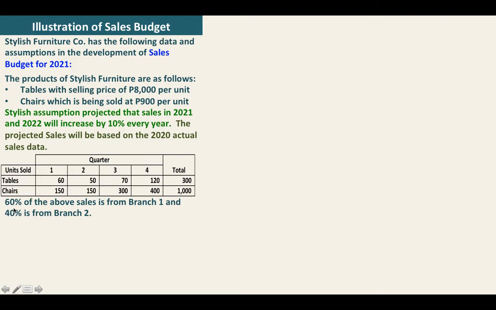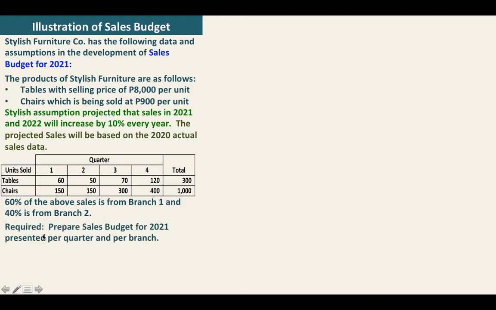So here, class, the breakdown of the units sold per branch is that 60% of these units sold is from branch 1 and 40% is from branch 2. Okay?